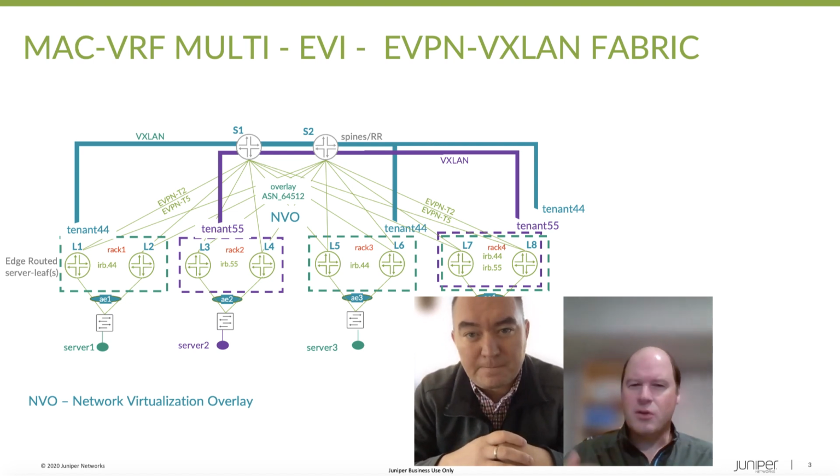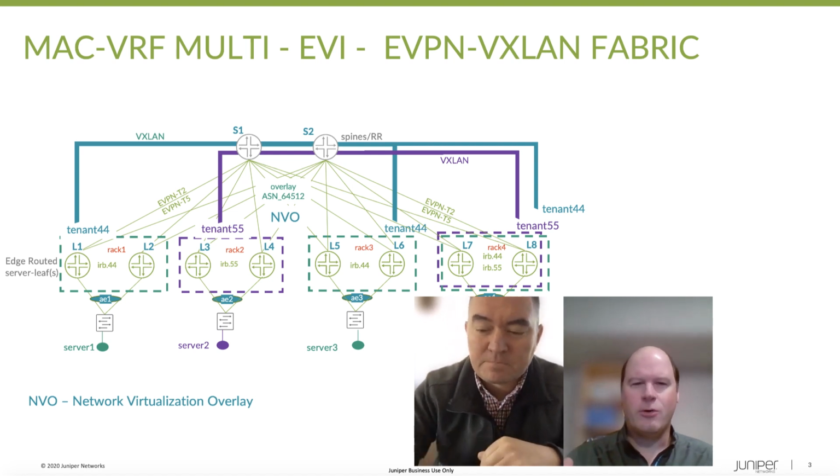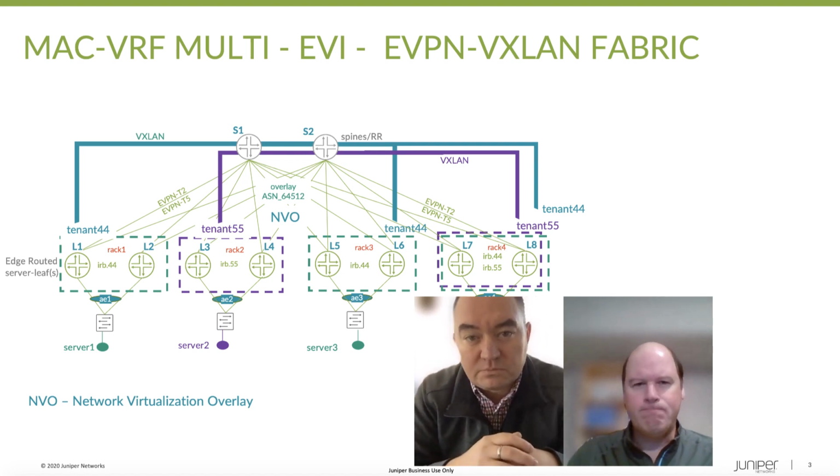That's great. So give us an example. Show us an architecture or a visual example of how this fits into an environment. Yeah, so MAC-VRF can be used in the EVPN VXLAN edge-routed bridging architecture or centrally routed bridging.